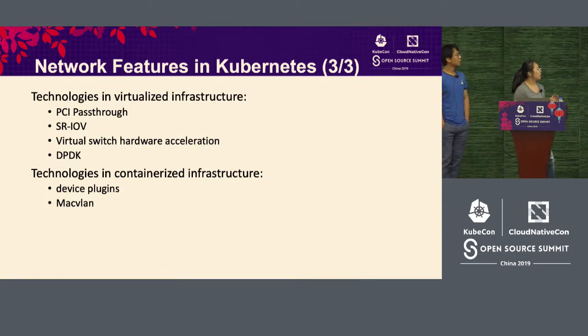So if we want to improve network performance, this is a solution that we can consider. A device plugin can match the hardware resources with the container. Another way is macvlan, where we can let the pod leverage the host's NIC and directly use it. So those are just some discussions in our community.